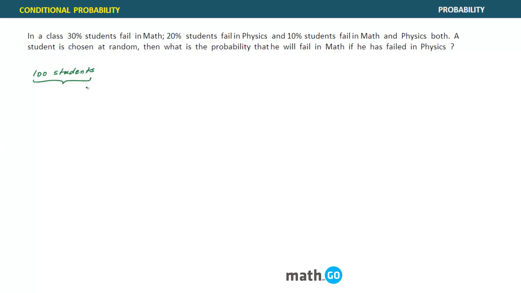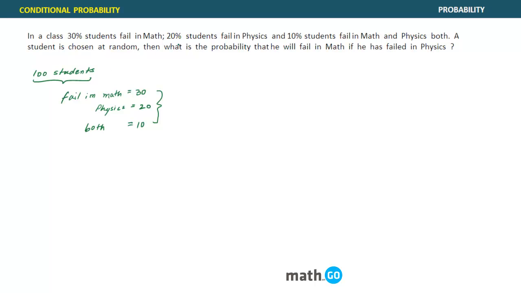So 30% fail in maths, that is 30 students. In physics, 20 fail. 10 fail in both. So instead of going into percentages, we have converted this into numbers.